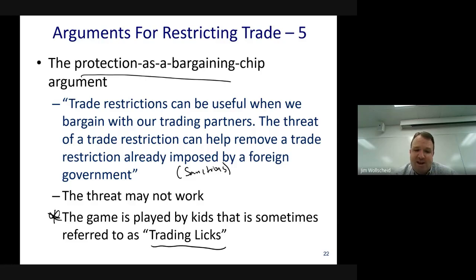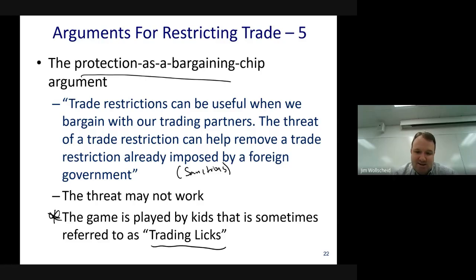So has anyone ever played the game Trading Licks? All right, I know you guys are lying. I know some of you have. Typically, this is a game played by boys. There are girls that sometimes play this game as well.